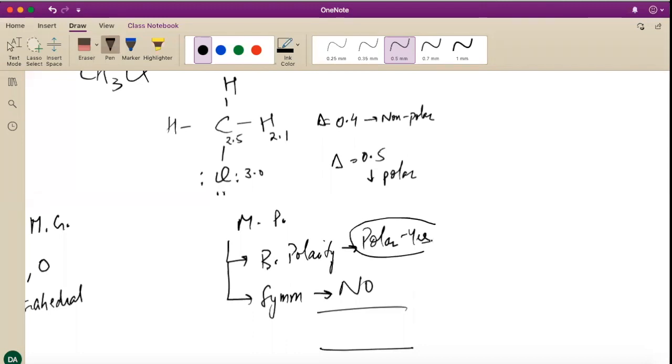There is a polar bond, but there is no symmetry to cancel the polarity, right? So that makes the molecule polar or non-polar? Polar. I'm going to say this again, guys: since the bond is polar and there's no symmetry to cancel that polarity, the molecule stays polar.